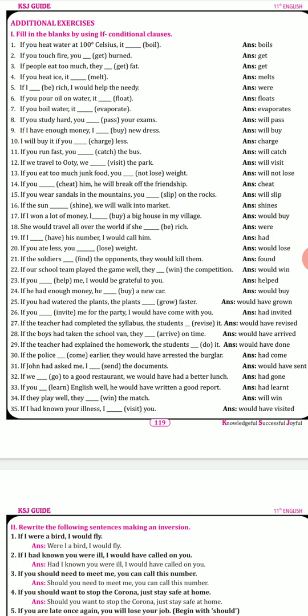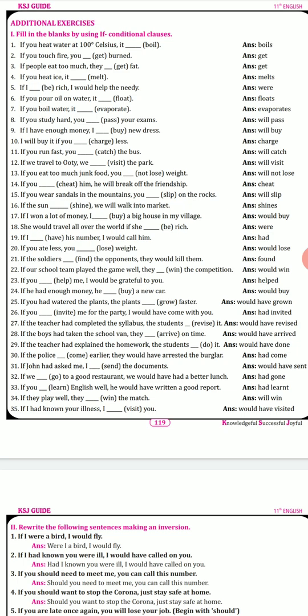And then sixth sentence, if you pour oil on water, it, float in bracket. So this sentence talks about general truth. So here this sentence should be mentioned in zero conditional. So here the subordinate clause verb is in simple present tense, and also the main clause verb should be in simple present tense.